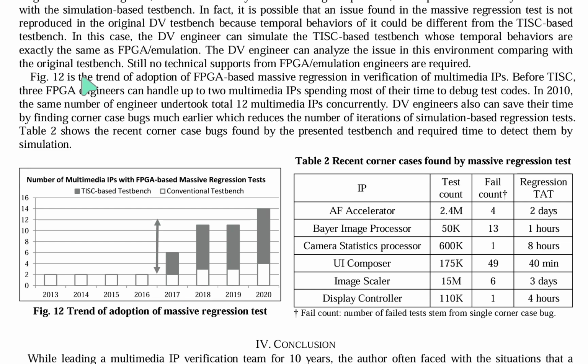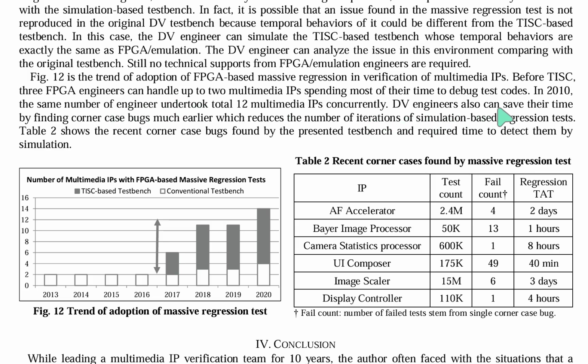Figure 12 is the trend of the adoption of FPGA-based massive regression in verification of multimedia IPs. Before the TISC, 3 FPGA engineers could handle up to 2 multimedia IPs, spending most of their time debugging test code. In 2010, the same number of engineers undertook a total of 12 multimedia IPs concurrently.